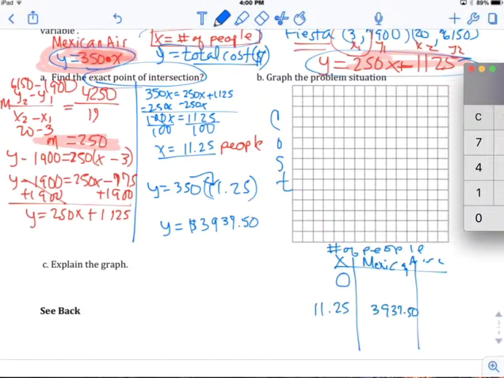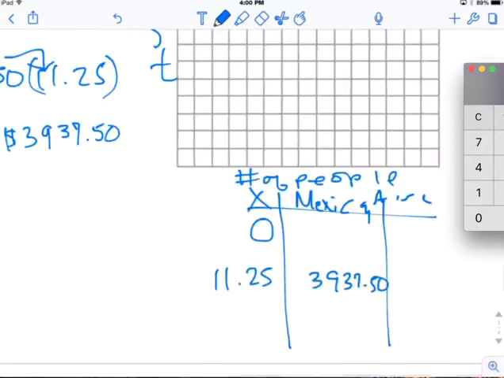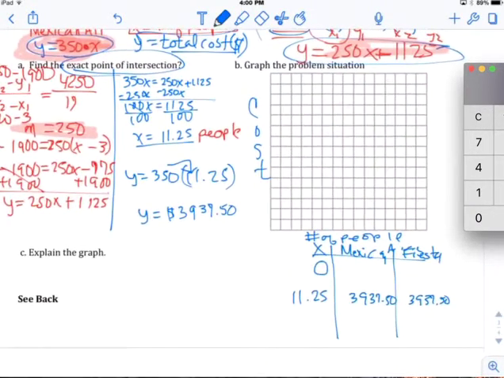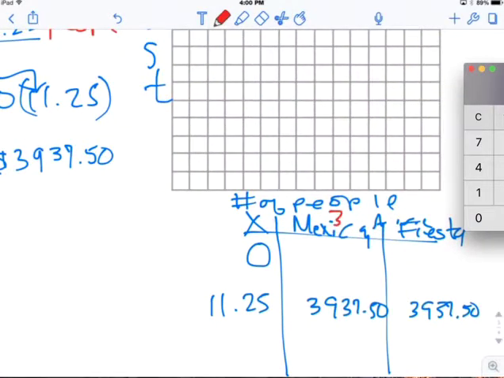And that's cost. That's Mexican Air. Reminding me I need to do the videos. And the other one is called Fiesta Air. It's gonna also cost the same, right? At that point, at zero, Mexican Air is 350x.